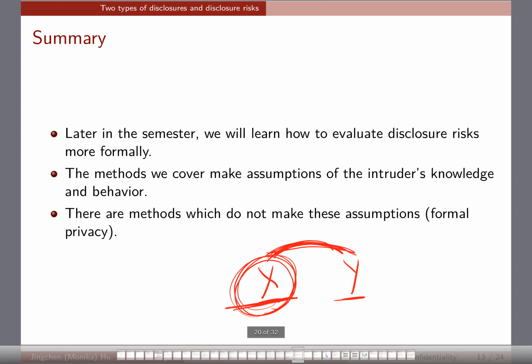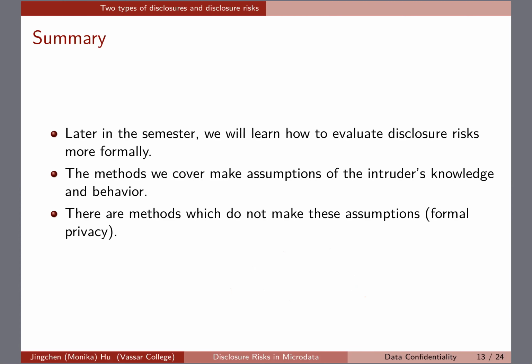This is still in the big field of data privacy protection, but there are methods out there that do not make those assumptions. What they call a formal privacy guarantee. They make sure that you cannot differentiate between two databases after you add that noise, and they're only different by one record, something like that. All right. So, okay.